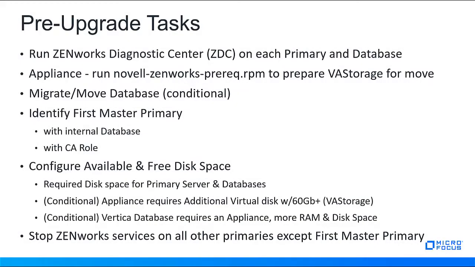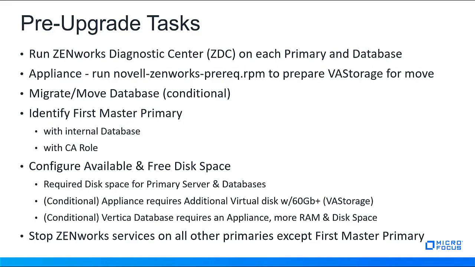Some of the pre-upgrade tasks. Run ZenWorks Diagnostic Center on each primary and each database. On the appliance, run the Novell ZenWorks Prereq RPM to prepare the VA storage for the move. Migrate and move the database, which is conditional. If you're on Sybase, you're going to have to migrate to another platform that's supported.